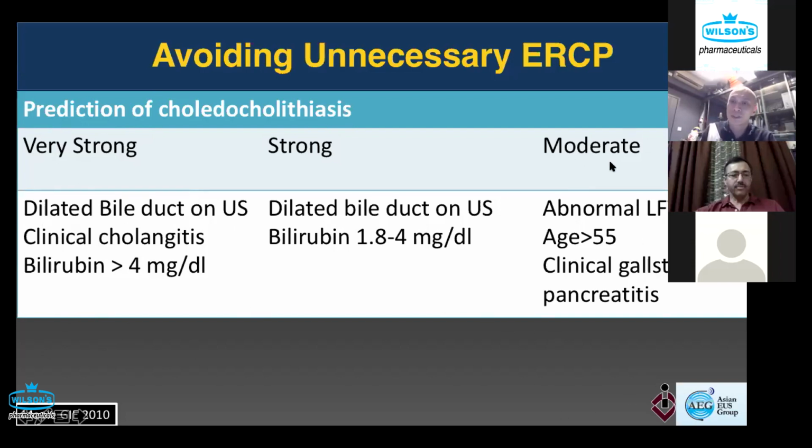Whereas in patients with slightly abnormal LFTs, history of gallstone plus or minus pancreatitis, but the ultrasound shows a normal duct, then these are so-so patients. And in these patients, we tend to do an EUS first. And if EUS shows some abnormality, we would do an ERCP in the same setting.